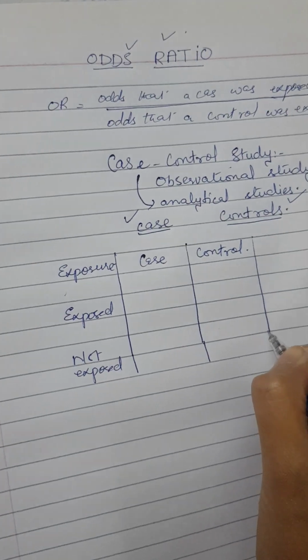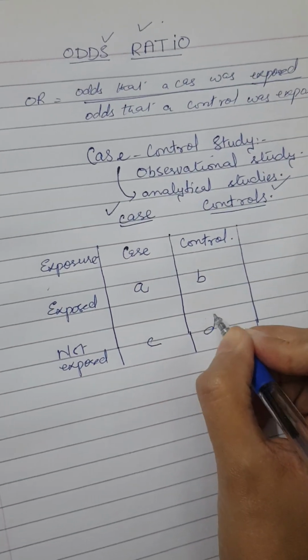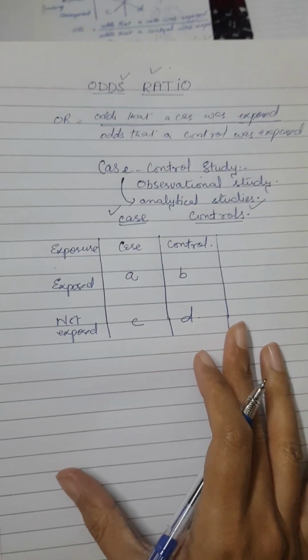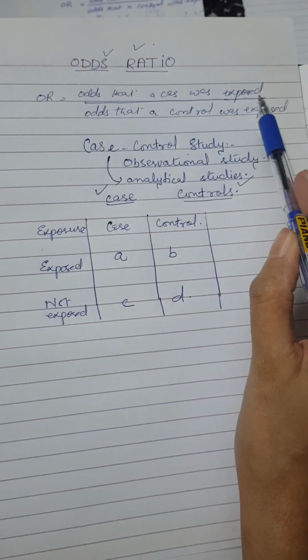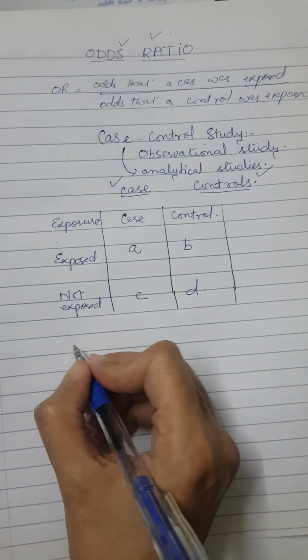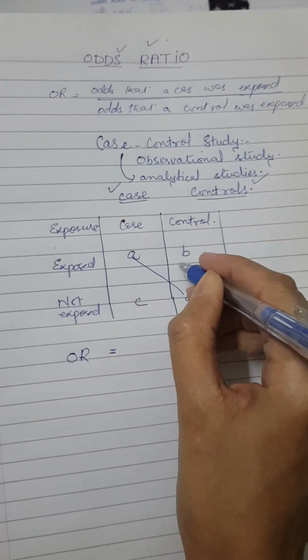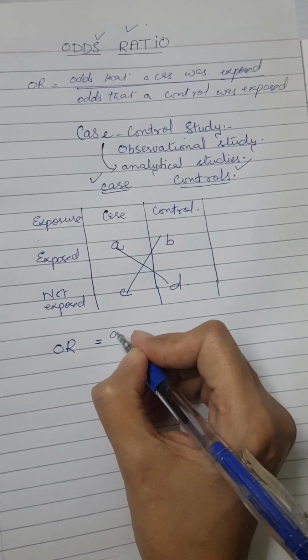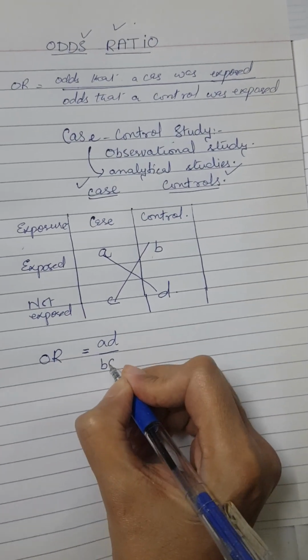We will write here A, B, C and D. And now what is the formula? Odds ratio is odds that a case was exposed divided by odds that a control was exposed. So we will calculate the odds ratio by this and this. This is AD divided by BC.